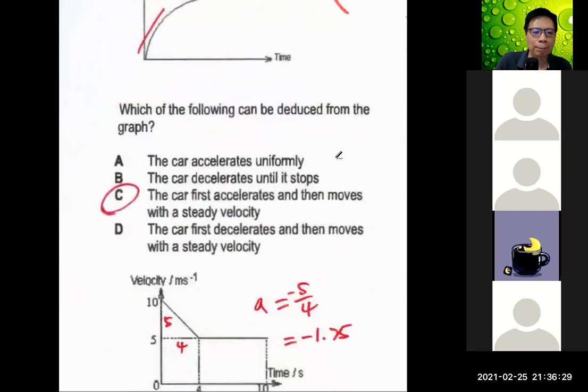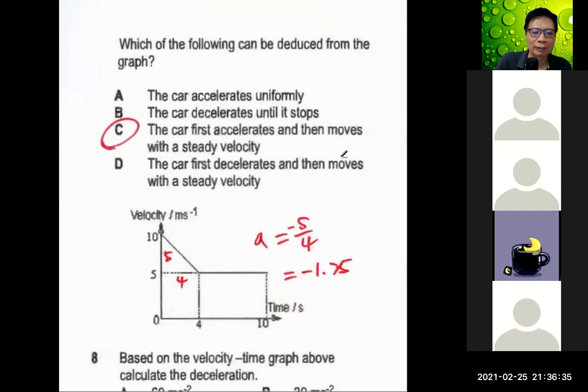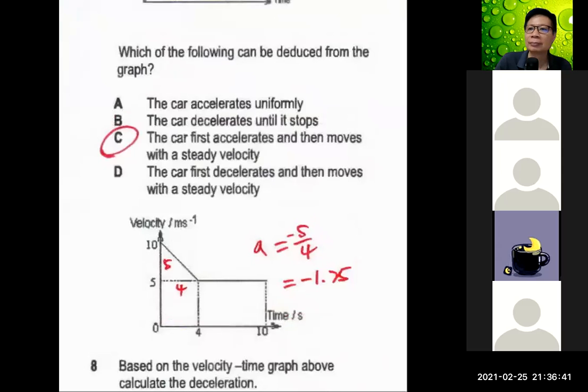Okay, now next question. This one you need to do calculation. Calculate the deceleration. So what is the deceleration answer? Deceleration means this part.